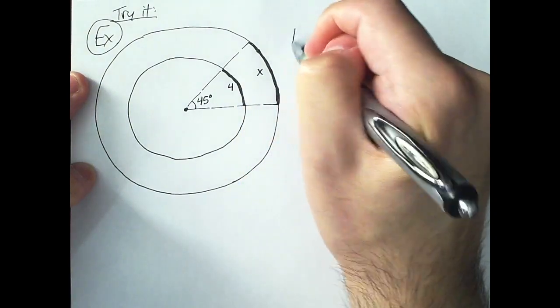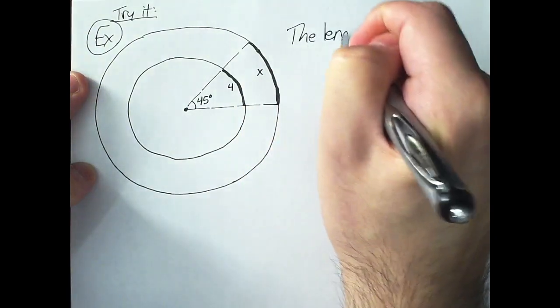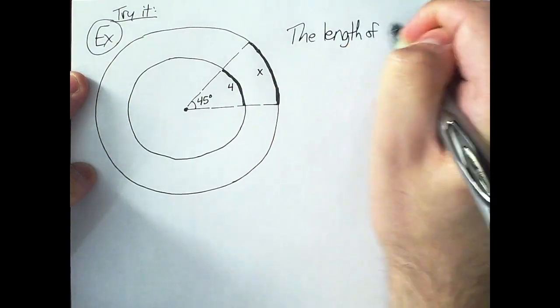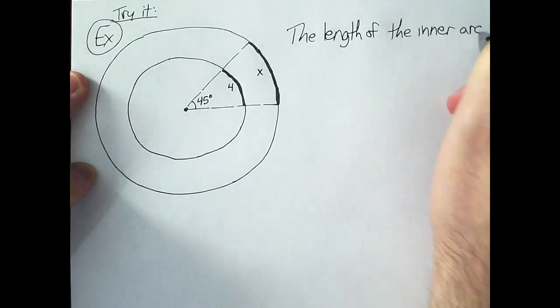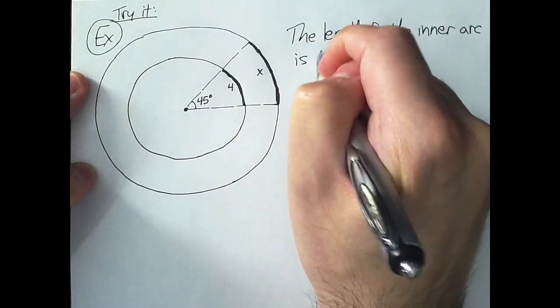All right, the length of the inner arc is 4.